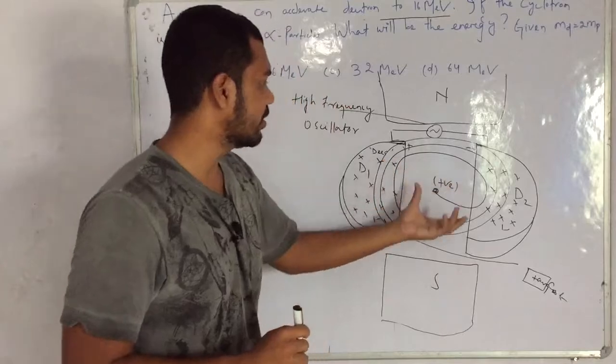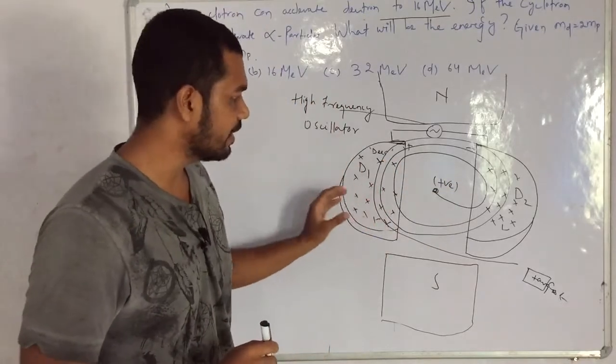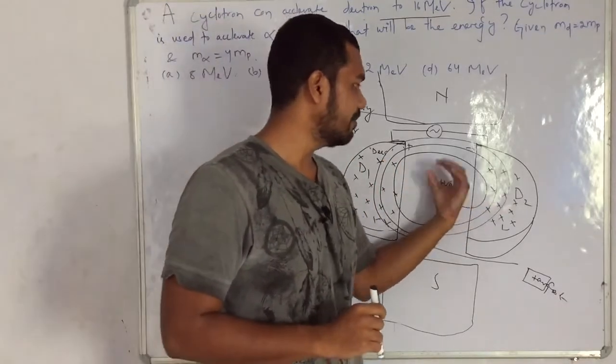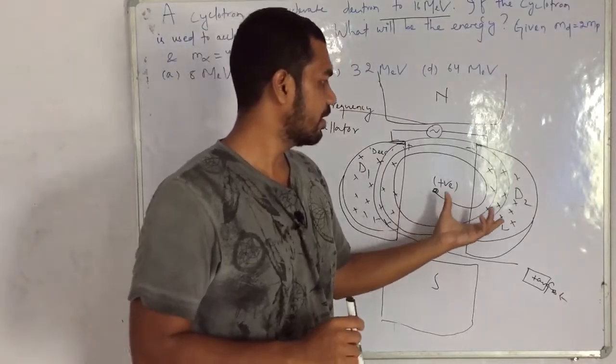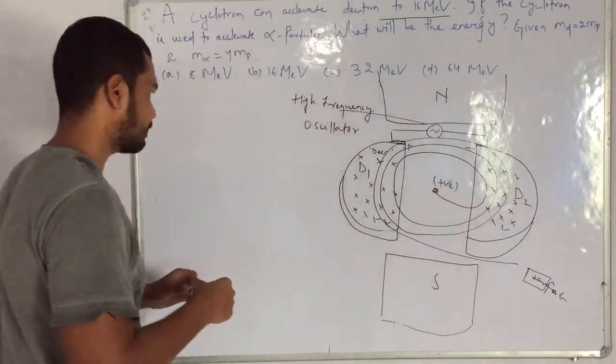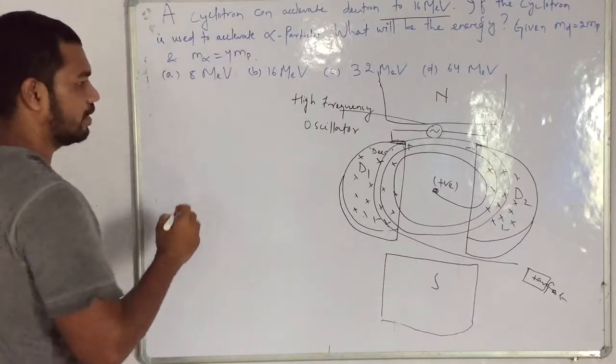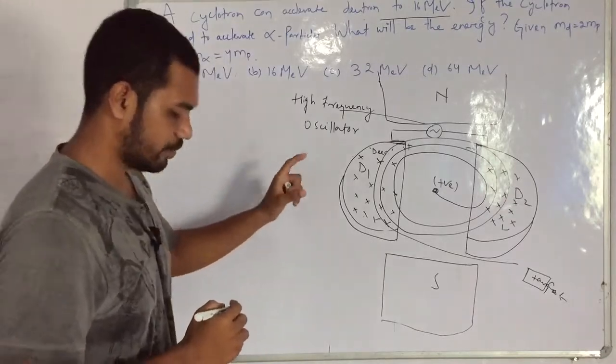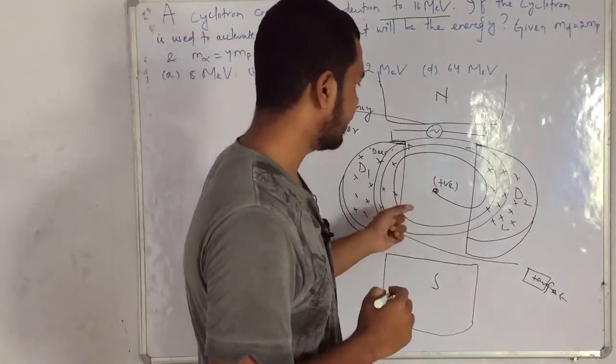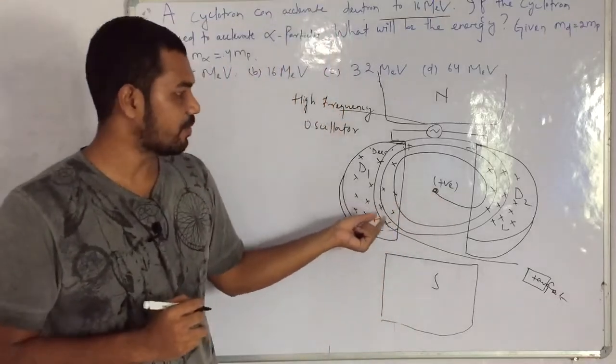The energy expression depends upon the magnetic field B and the radius of the D's.